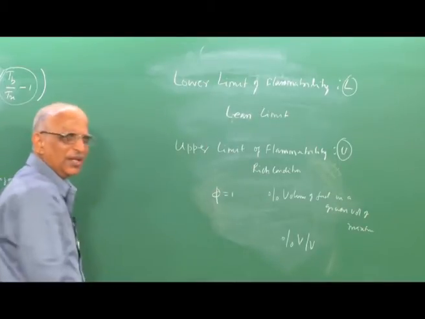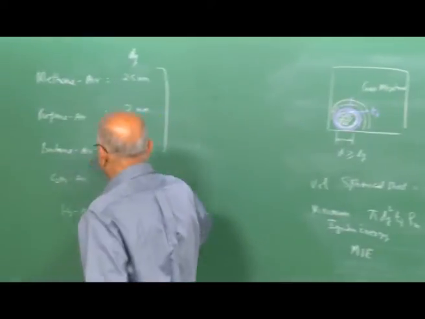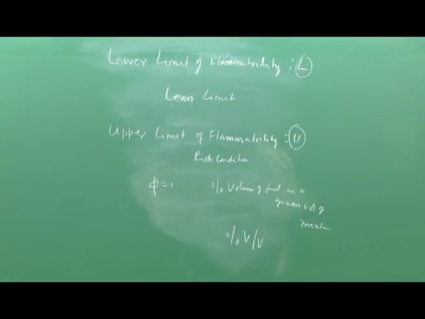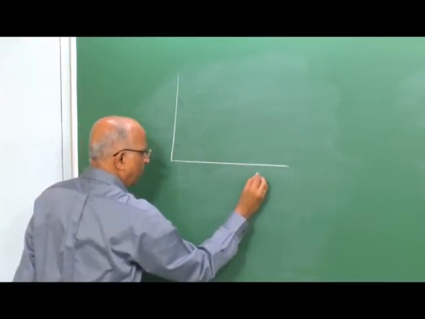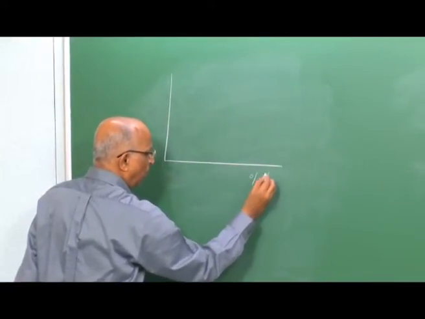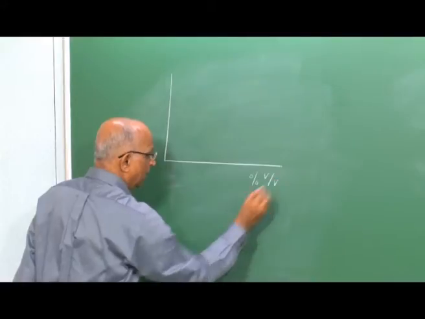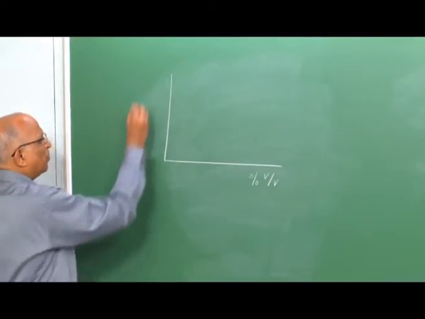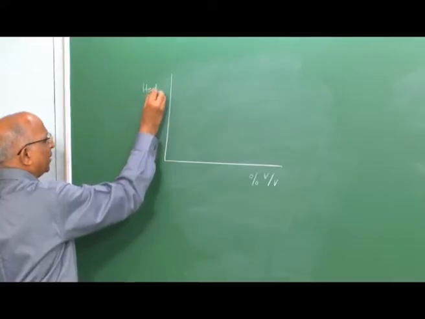Let us spend a minute or two to find out how we get the limits of flammability, then maybe we will look at some of the limits of flammability as determined in literature. Now I am interested in percentage volume of fuel in a given volume of mixture, and I first want to put down the heat which gets generated.